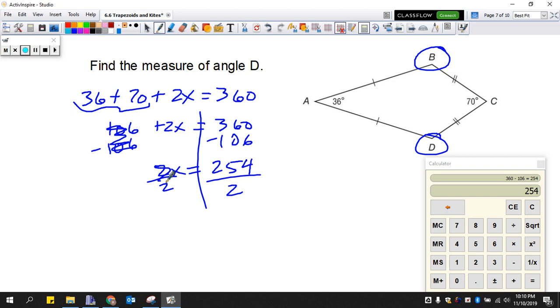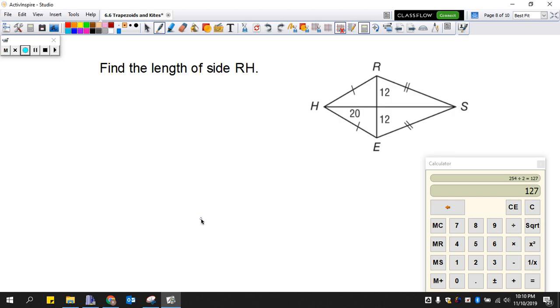X is equal to 127 degrees. So angle D, and you can see that's obviously an obtuse angle. Find the length of side RH.